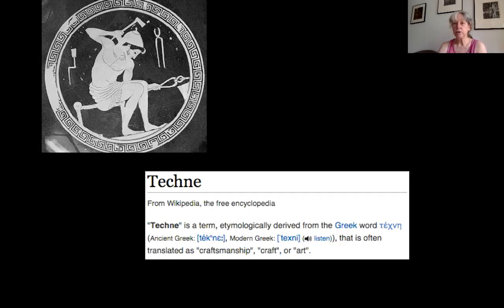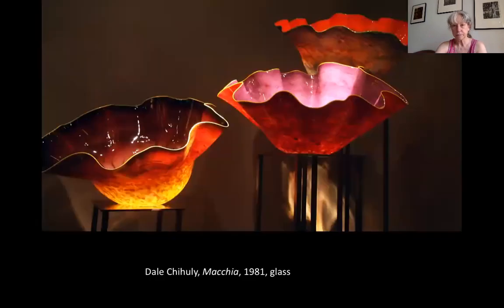They just had a word for well made or well executed. The Greek term was techne, which is related to our word for technology, meaning just the ability to make things well. So artists were not special, they were just a type of craftsperson, you could say.